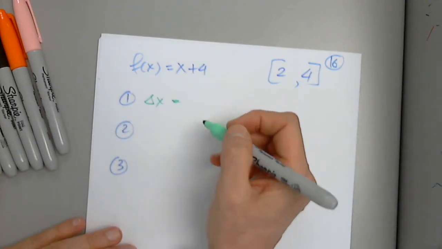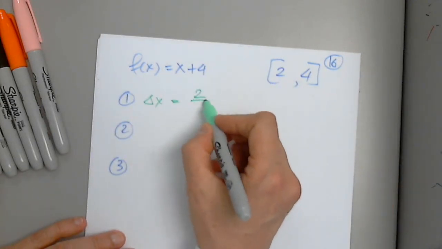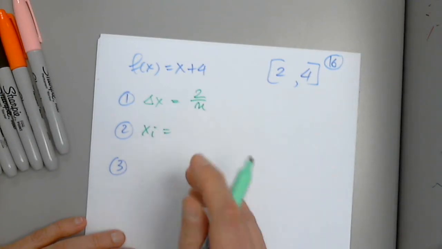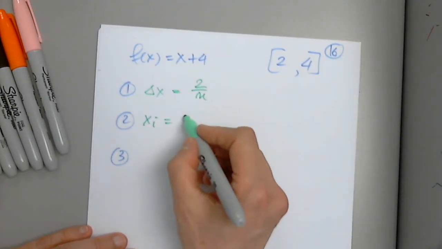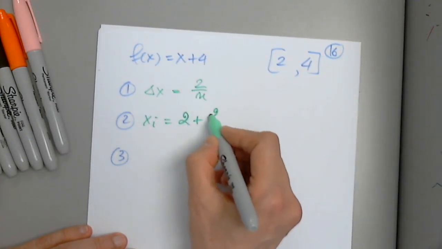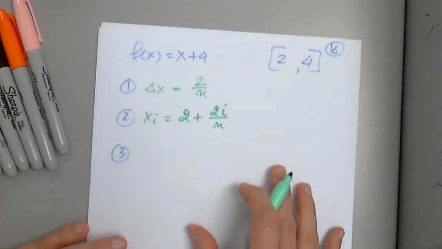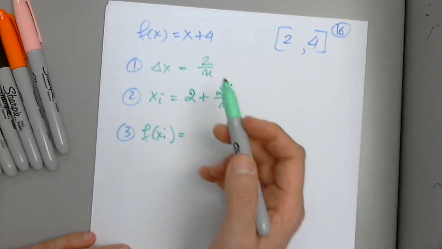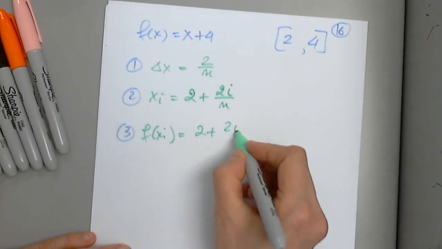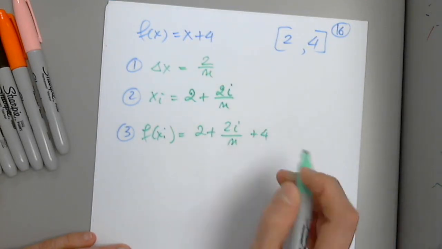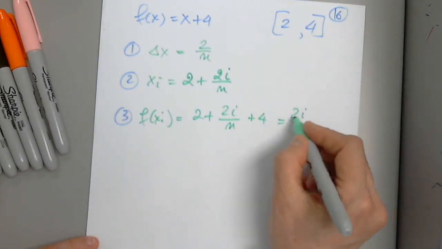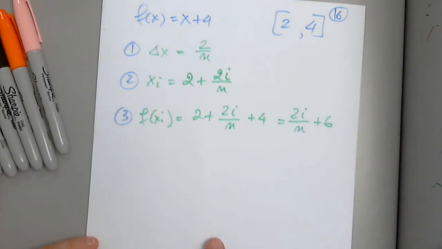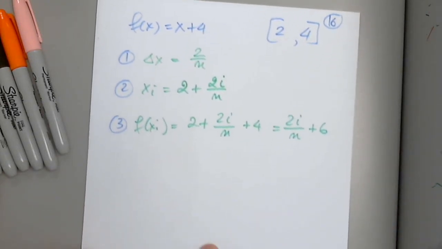So it's 2 over n. Good. xi is 2 plus 2i over n. Very good. f of xi, nice and easy: 2 plus 2i over n plus 4. This will be 2i over n plus 6. Is that agreed? Okay, very good.